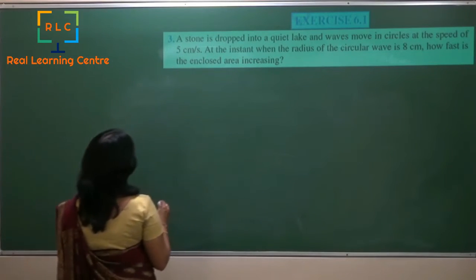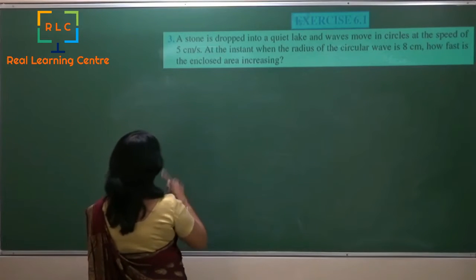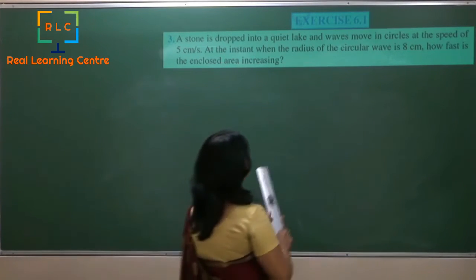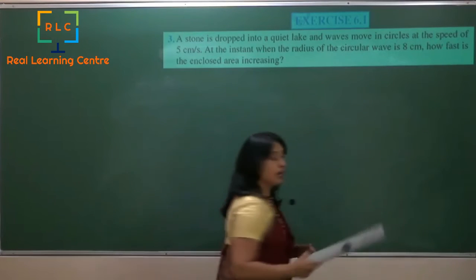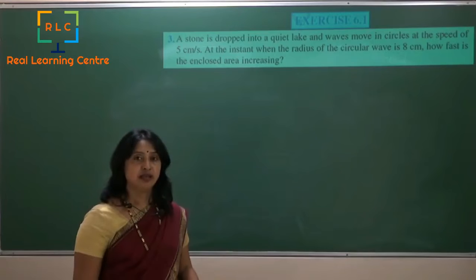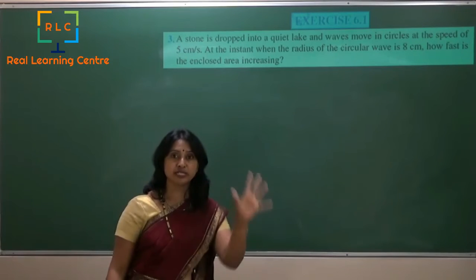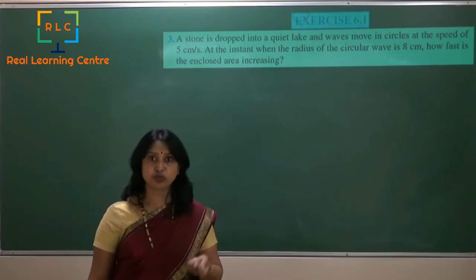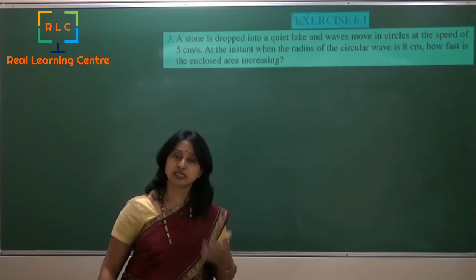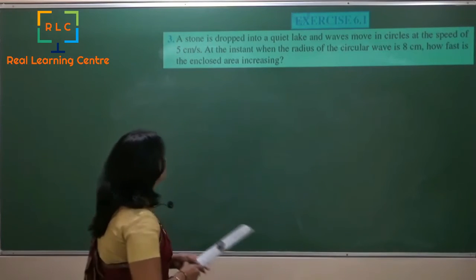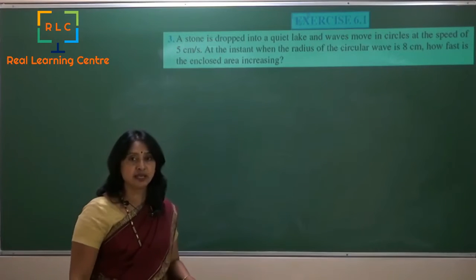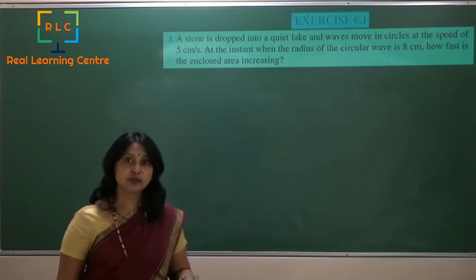So a stone is dropped into a quiet lake, so circles are formed, and they are telling the waves move at the speed of. I don't know whether radius is increasing or area is increasing. When we imagine the waves formed in the pond when we throw the stone, for me the radius also is increasing, the area also is increasing. I don't know what I have to put this 5 centimeter per second to, so let us go further and see what the question is for.